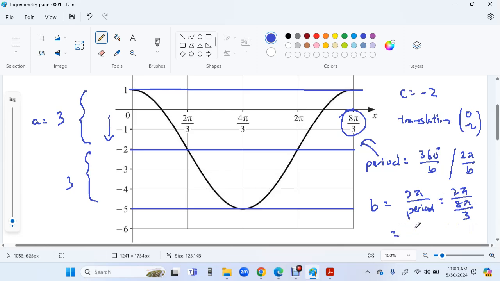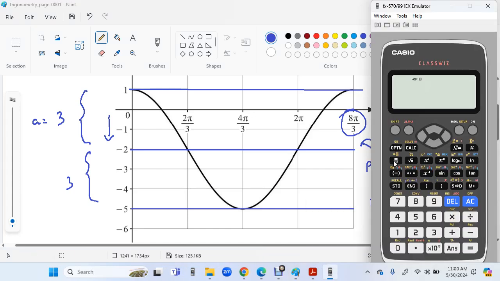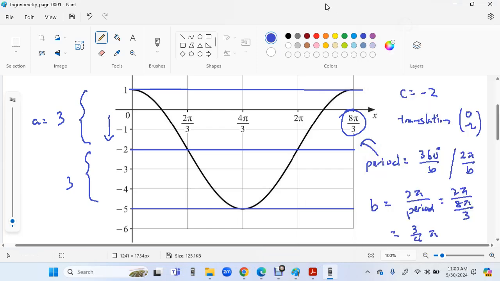So this will be... okay, no, 3 over 4. Okay, so this one is 2 over 8 over 3. So this is 3 over 4. Yes, this is 3 over 4.